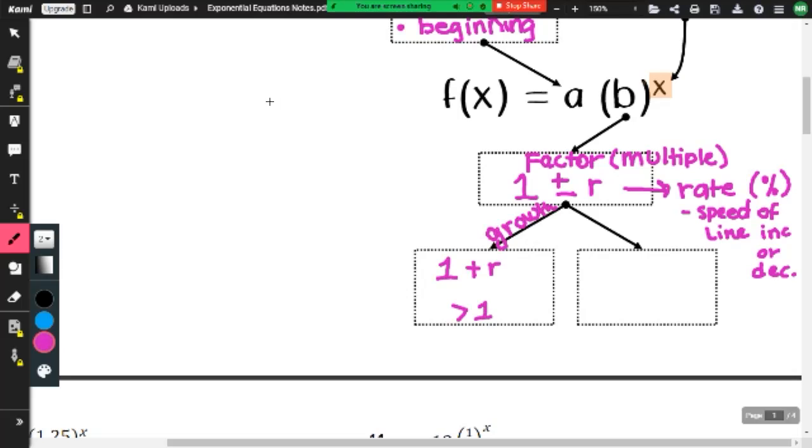Let's take that minus sign. We take the 1 and subtract the rate. And all of a sudden, we're not growing, we are decaying. Exponential decay, D-E-C-A-Y, decay. If you subtract any number from 1, it ends up being less than 1.